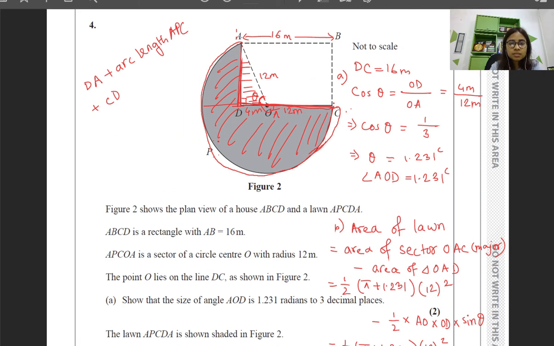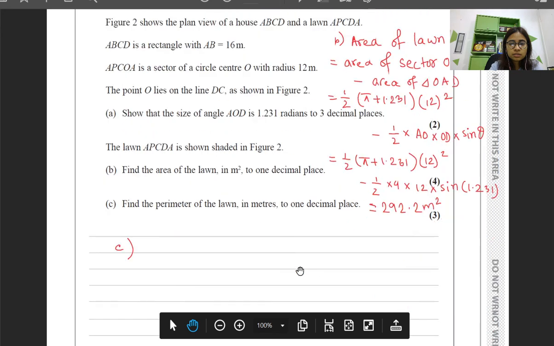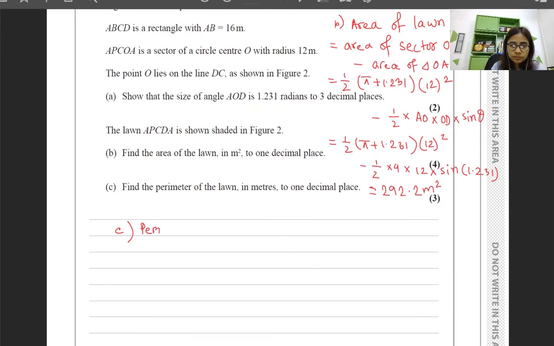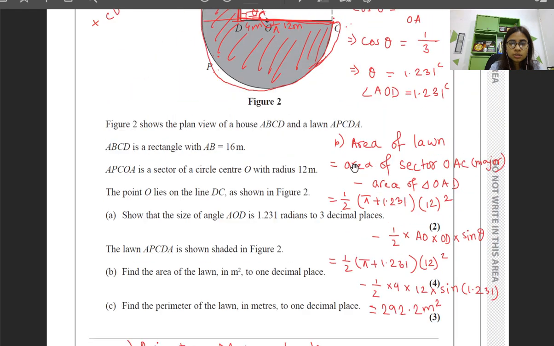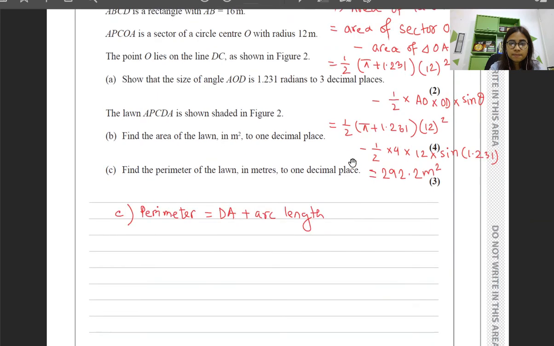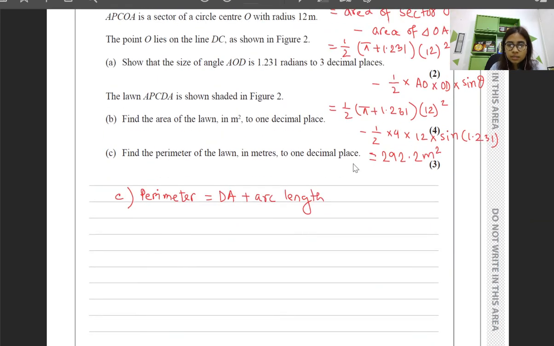So first let's write in the answer. Perimeter is equal to DA plus arc length APC plus CD.